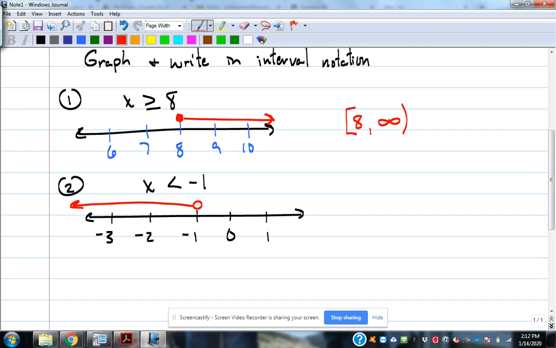When you read this and you want to write it in interval notation, this arrow is going way out this direction. So what's the lowest number that's an answer to this? Negative infinity. So we're going to put negative infinity.